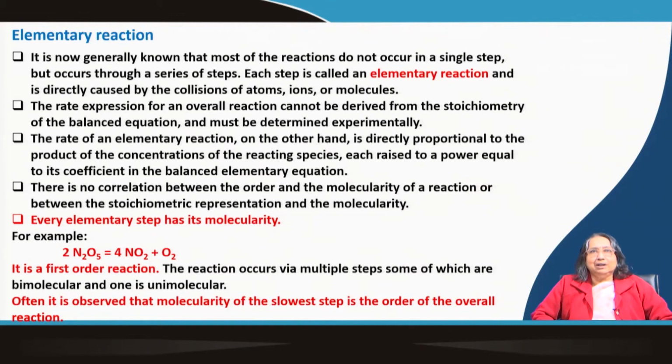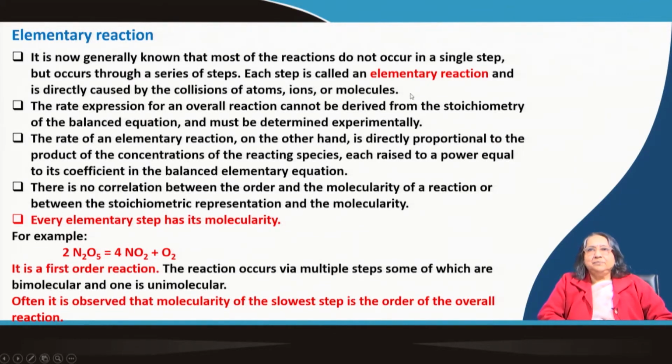But now while talking about the mechanism, we must consider the various steps, because most of the reactions do not occur in a single step, but occur through a series of steps, maybe 2 steps, 3 steps, 4 steps, 5 steps. So, each step is called an elementary reaction and is directly caused by the collisions of atoms, ions or molecules.